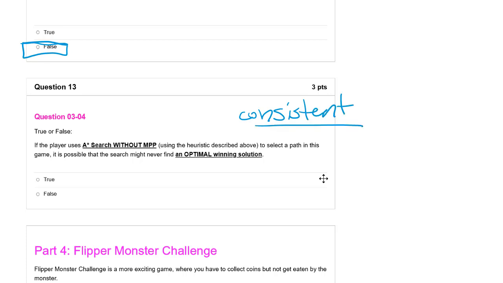But if you look at this heuristic, it's pretty straightforward to see that it's not only an admissible heuristic, but it's also a consistent heuristic, which means that A* with this heuristic will indeed find an optimal winning solution. So therefore, it's not possible that the search might never find one. So this is false.